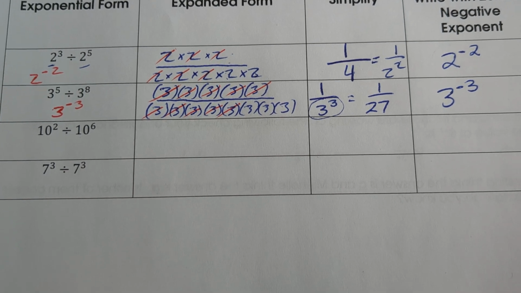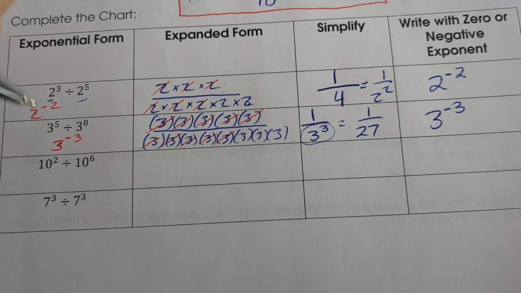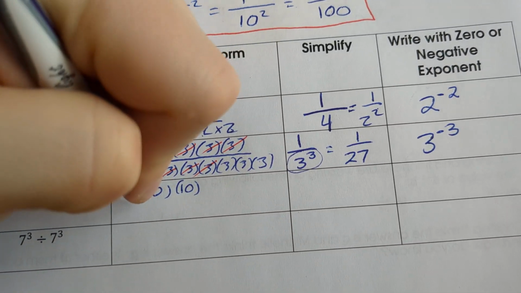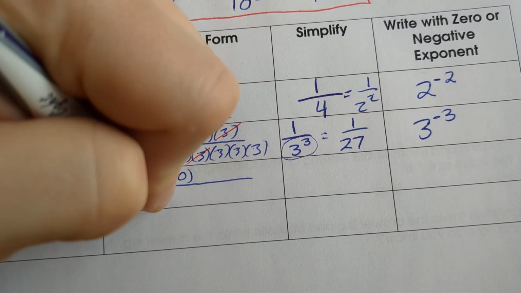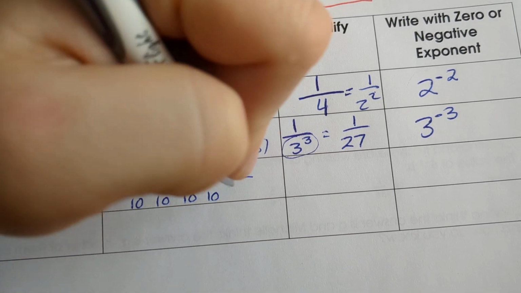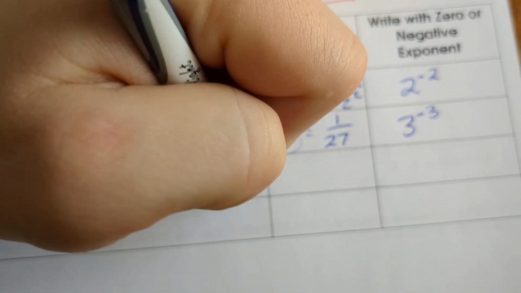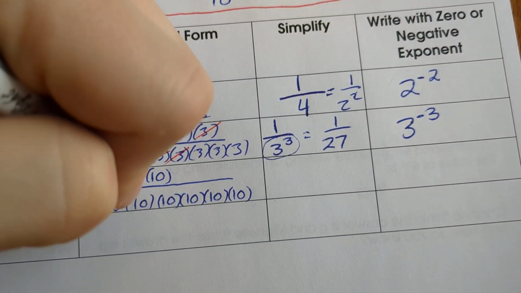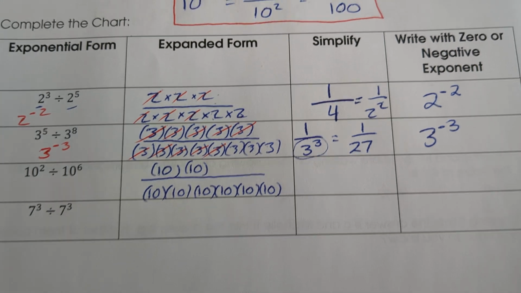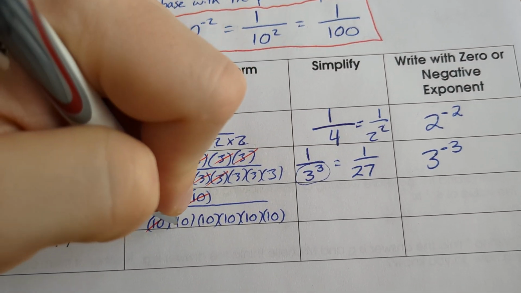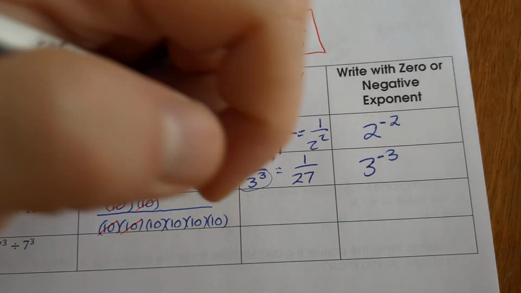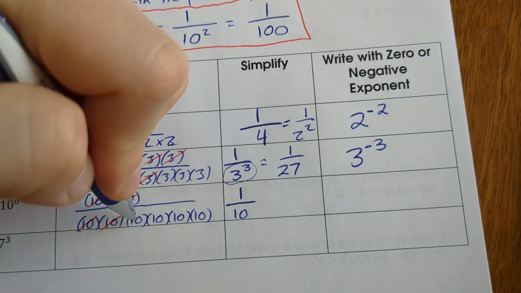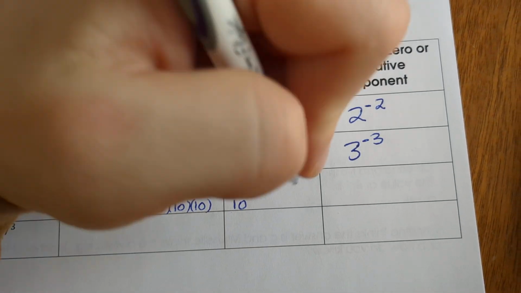Okay, next couple, these are all very similar. So now we have 2 10s, 10 times 10, and we're dividing by 6 10s. So 1, 2, 3, 4, 5, 6. These are all being multiplied. Okay. So this 10 cancels with this 10, this 10 cancels with this 10, and we're left with 1 on top over 10 to the power of, we have 1, 2, 3, 4 10s left.